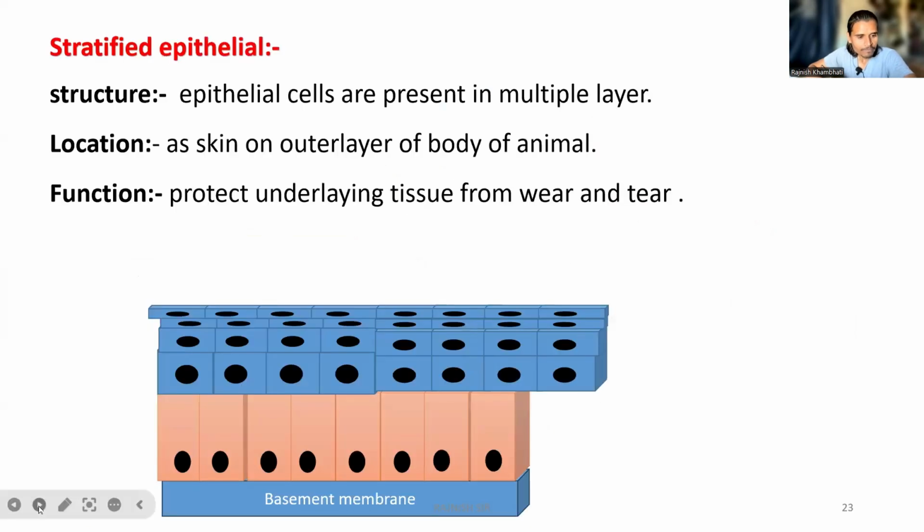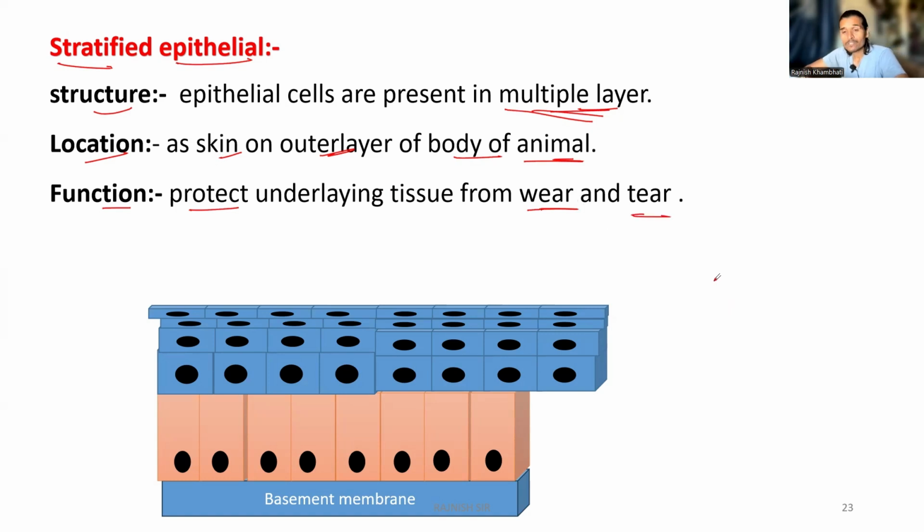Stratified means multiple layers. Structurally, epithelial cells are present in multiple layers. Location: skin, the outer layer of the body of animals. Function: protection of the underlying tissue and helping with wear and tear.